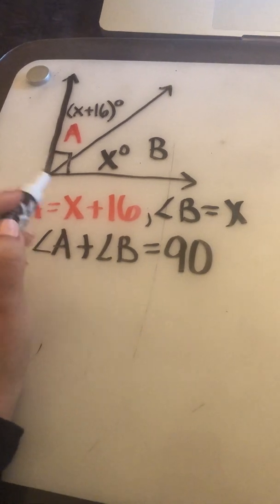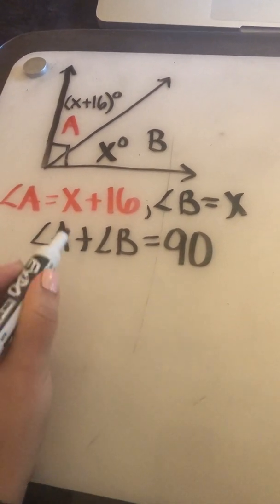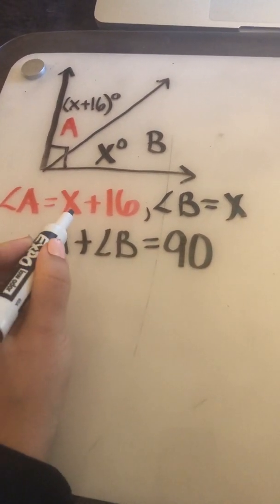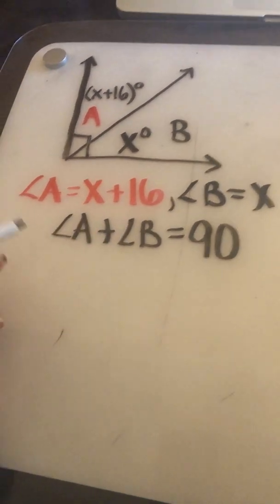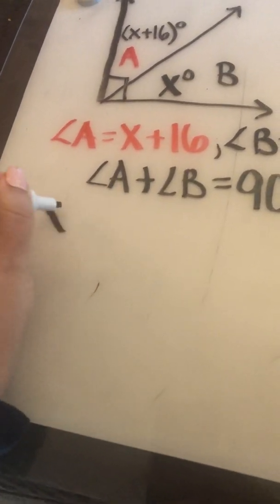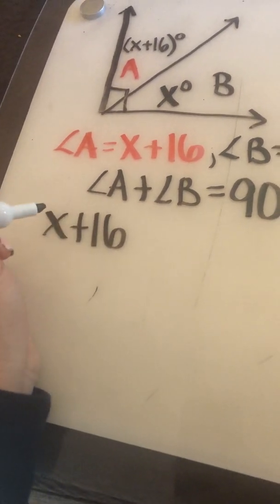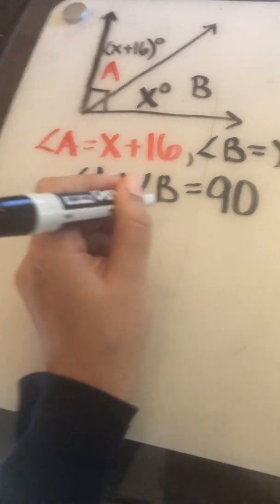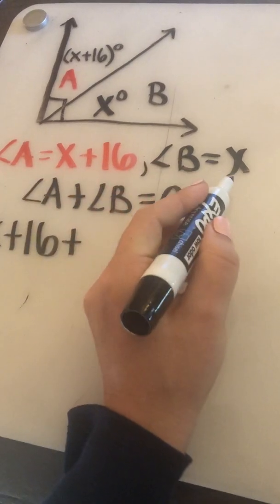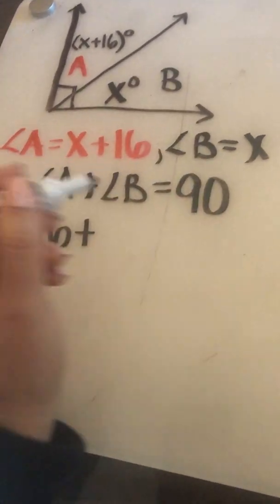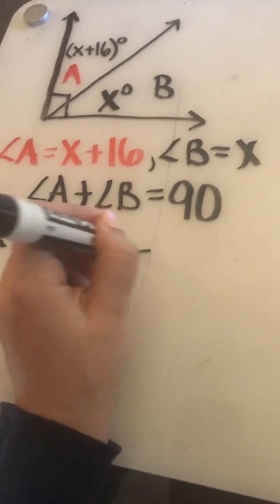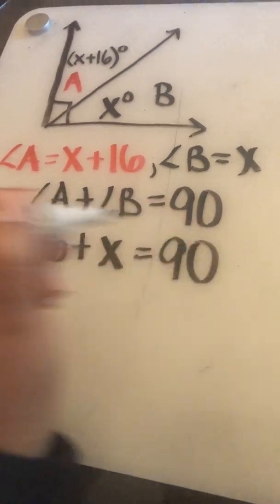They make a right angle. Now, I know what angle A is. Angle A is x plus 16. So I'm going to rewrite that. I'm going to put x plus 16 for angle A plus angle B. Angle B is x. So plus x equals 90.